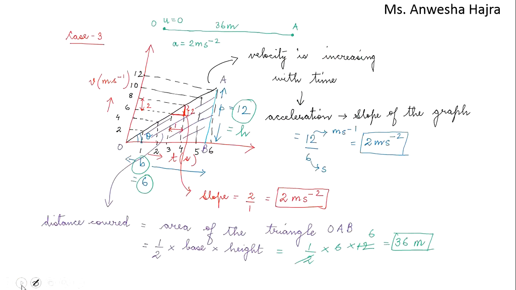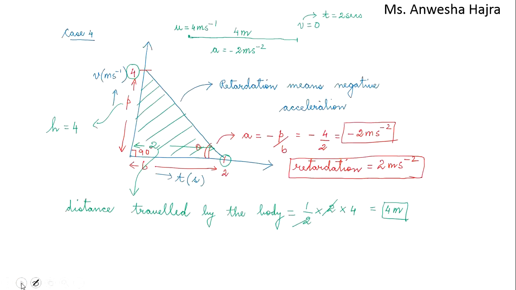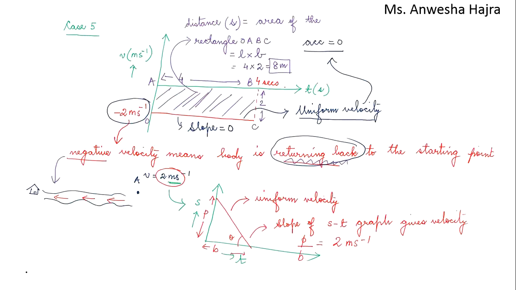This type of graph means acceleration is constant. This type of graph means velocity is decreasing, there is retardation, but it is uniform. This type of graph, negative velocity, means the body is returning back to the starting point.